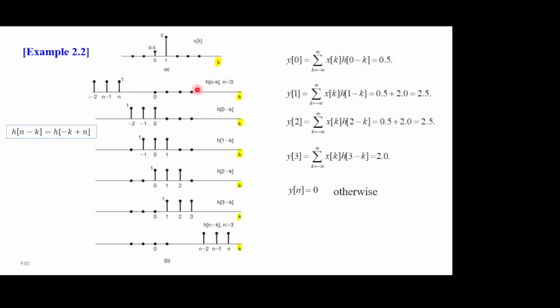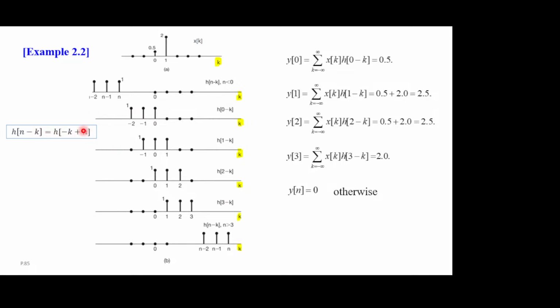Now we are basically trying to see this h of n minus k for different fixed n, plotted on k, and what it looks like.